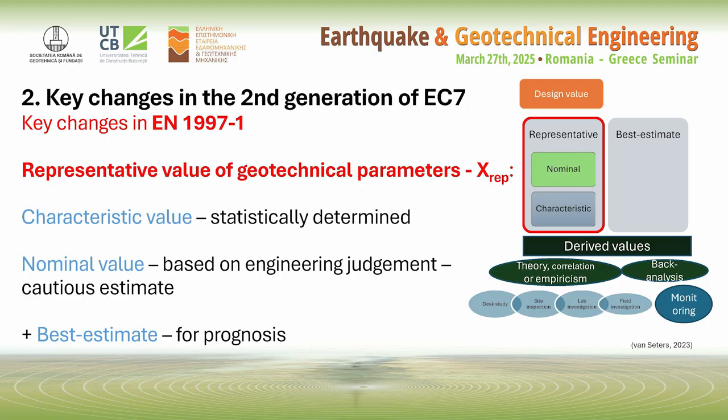It was then revised, and now we have two possibilities: either to determine what we are calling the characteristic value by a statistical approach, by statistical means, or to have a nominal value of the ground parameter based on engineering judgment, the former cautious estimate that was mentioned in the former code.